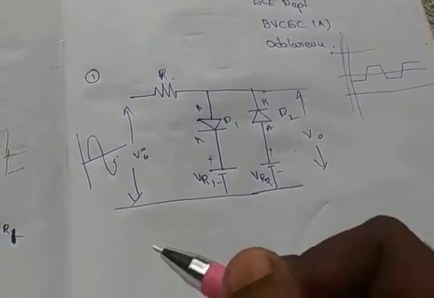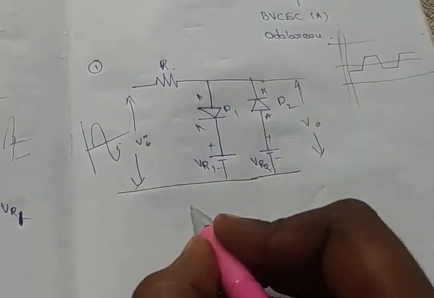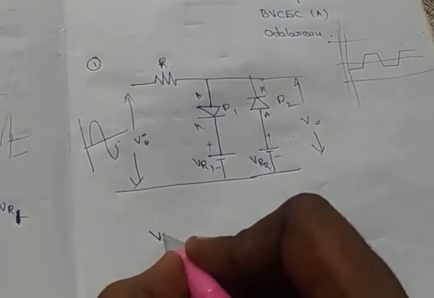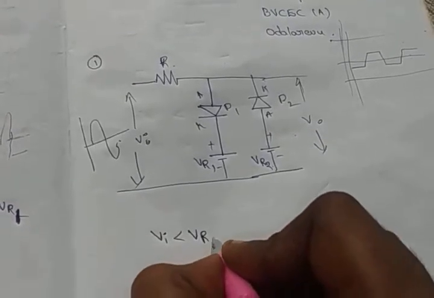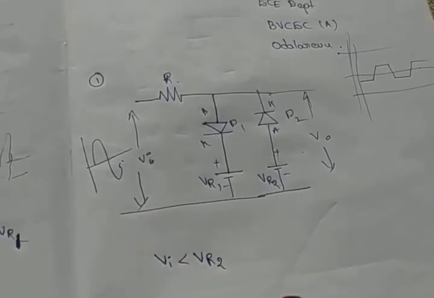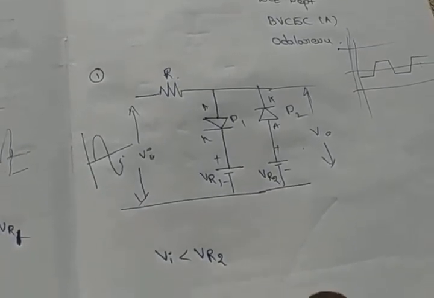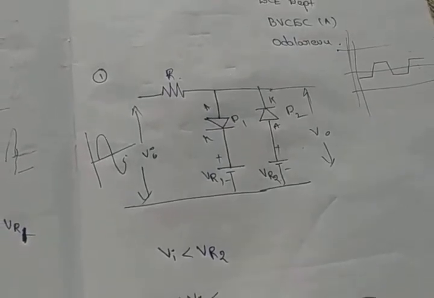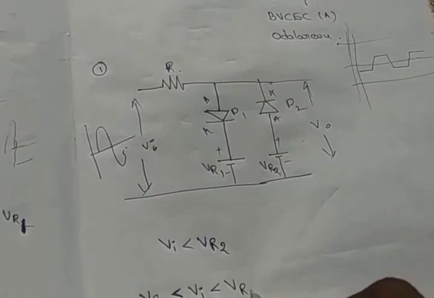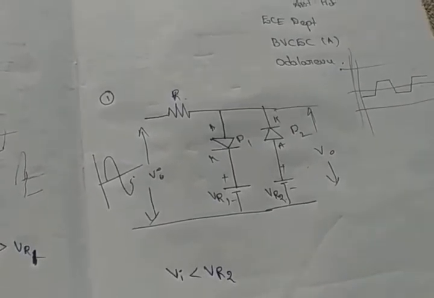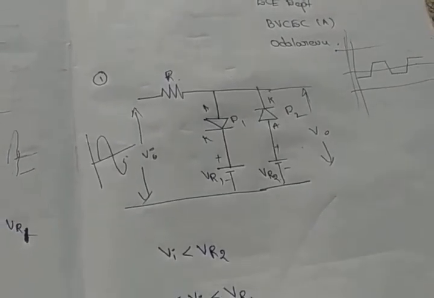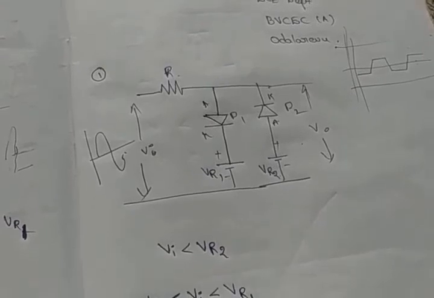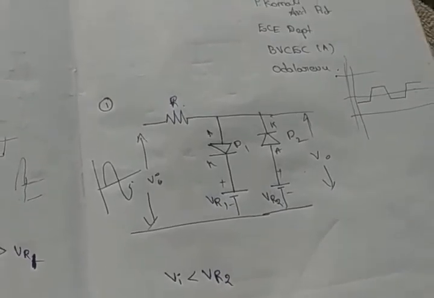So let's see the output. Let's see the operation under different conditions: Vi less than VR2, Vi in between VR2 and VR1, and Vi greater than VR1.